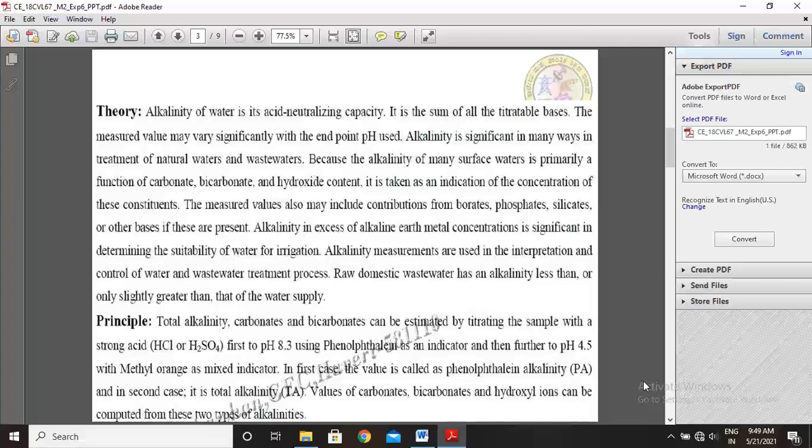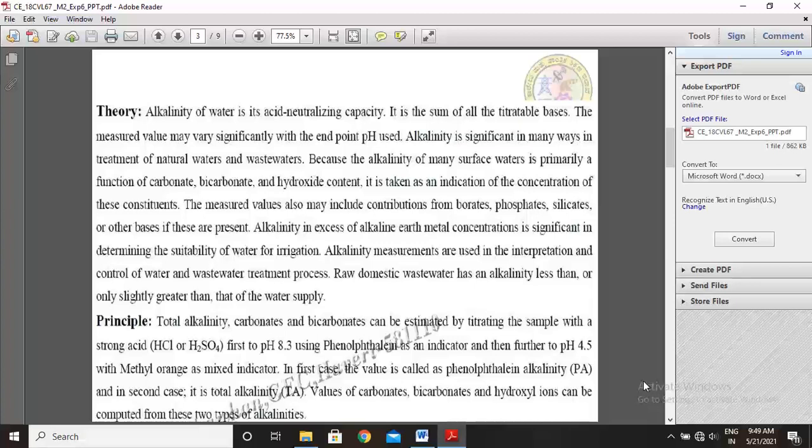Then the principles of alkalinity. Total alkalinity, carbonates and bicarbonates can be estimated by titrating the sample with strong acid, first to pH 8.3 using phenolphthalein as an indicator, and then further to pH 4.5 with methyl orange as a mixed indicator.